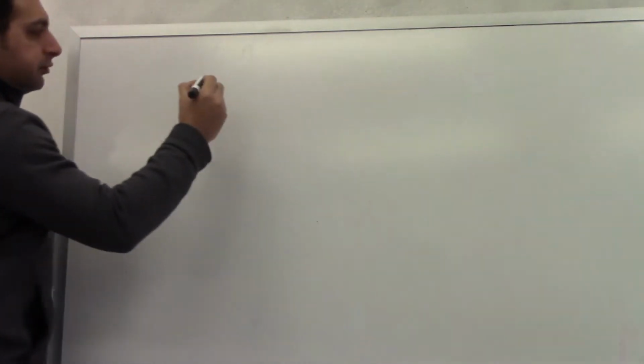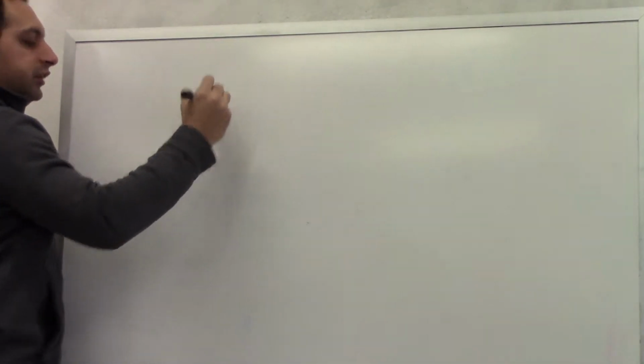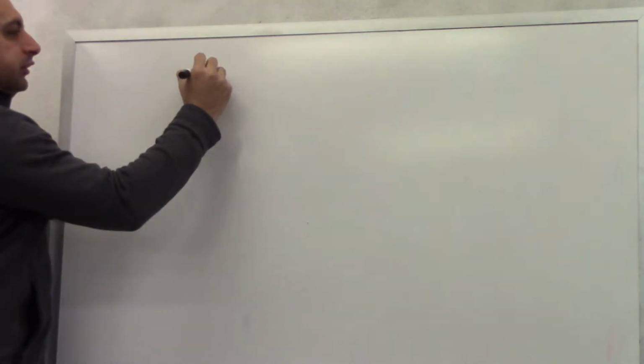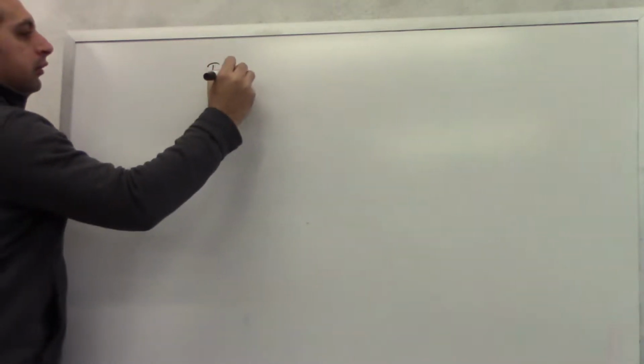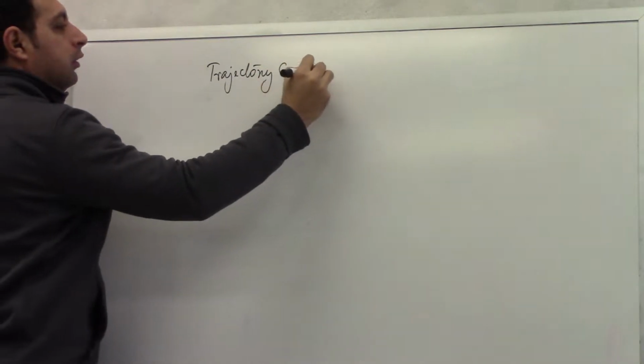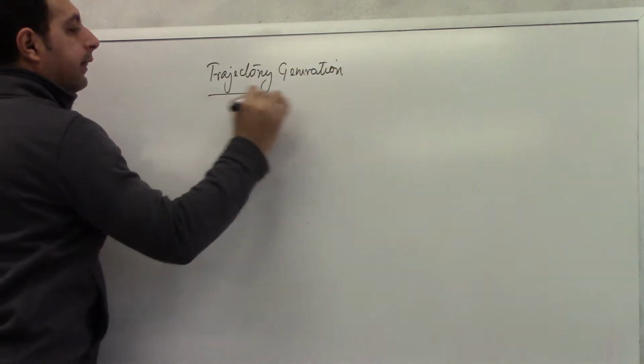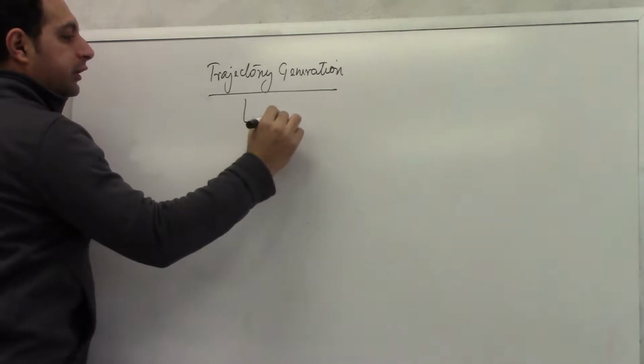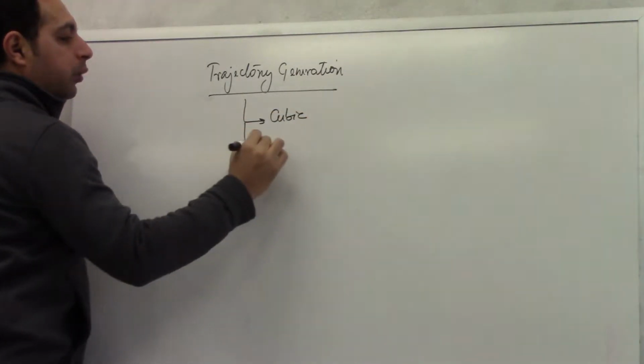We did trajectory generation, which is different from plotting the end effector trajectory. This can either be a cubic trajectory or a quintic trajectory.